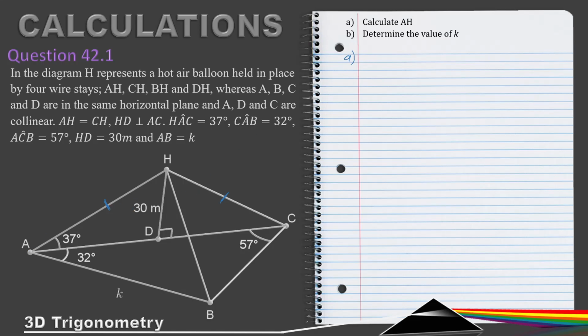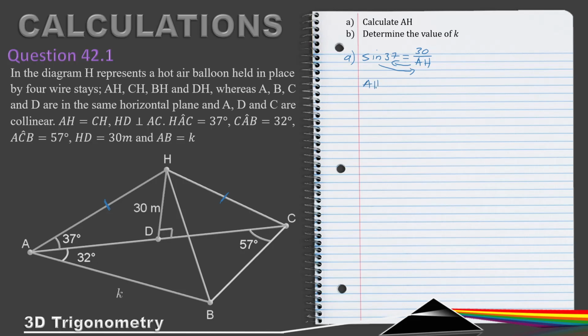Now AH runs here, and this is in a right angle triangle, so this is quite easy. We just have the opposite side which is given, and we want the hypotenuse. Opposite and hypotenuse is sine. So I'm going to say sine of 37 is equal to opposite 30 over AH. And AH is the one that I need to solve for, so I'm just going to bring AH up, and I'm going to bring sine 37 down.